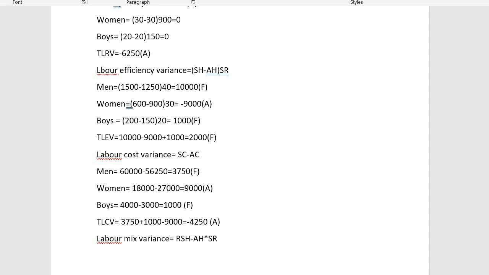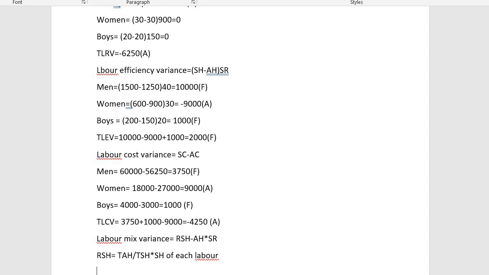Revised standard hour is equal to total actual hour divided by total standard hour into standard hour of each labor.